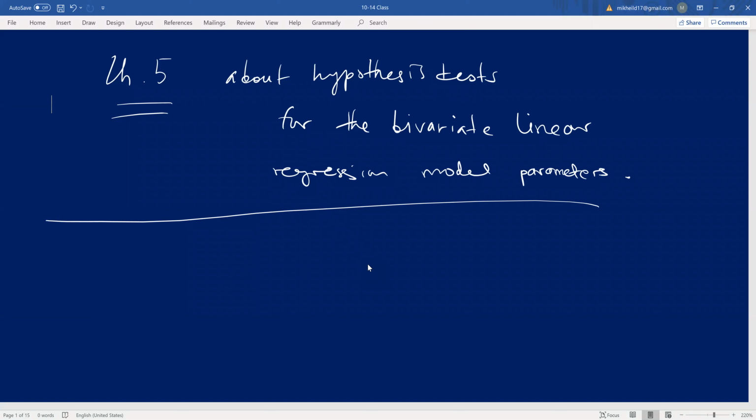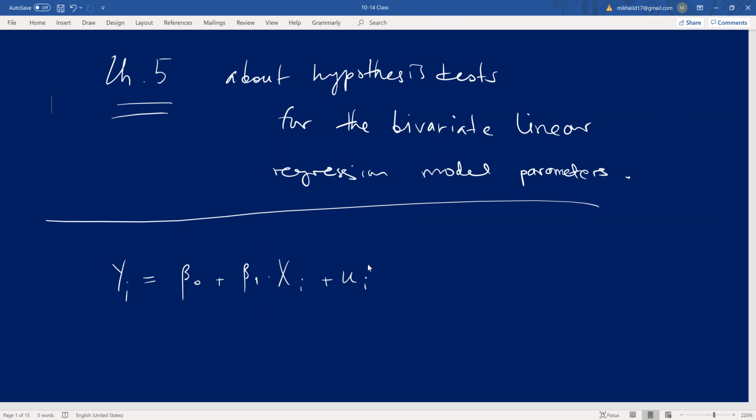Let me remind you of our bivariate linear regression model that has this form. Why is this a bivariate model? Can you tell me? Please try to be involved. That will help me proceed at a good speed, because then I will realize and adjust the speed.